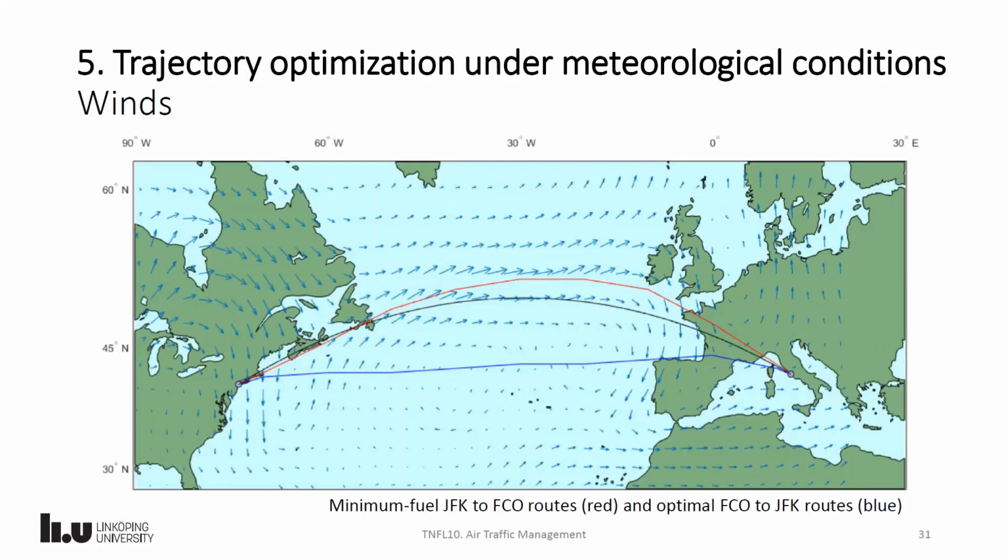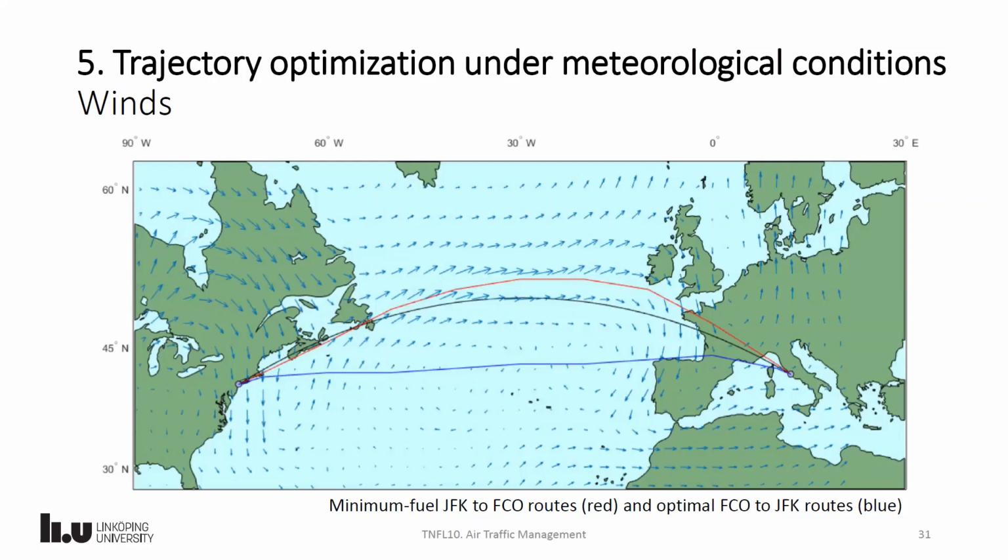And one thing that is very relevant today and is being studied a lot in ATM is this: the only way to know those winds before you take off is with a weather forecast, and weather forecasts are not always right. There is some kind of uncertainty present in the weather forecast.